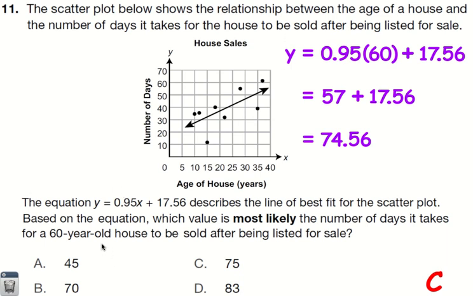They could have asked, how old would the house be for it to take 100 days to sell? 100 days would be a y value. You would plug in 100 for y and then solve for x.